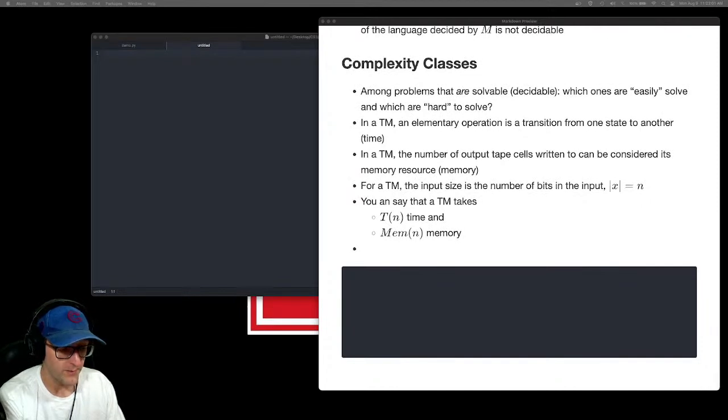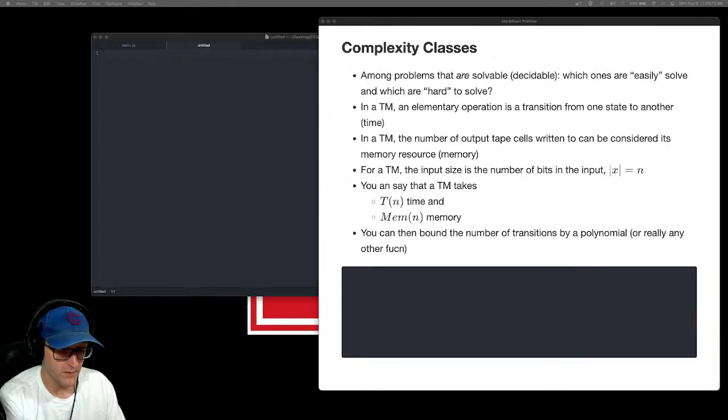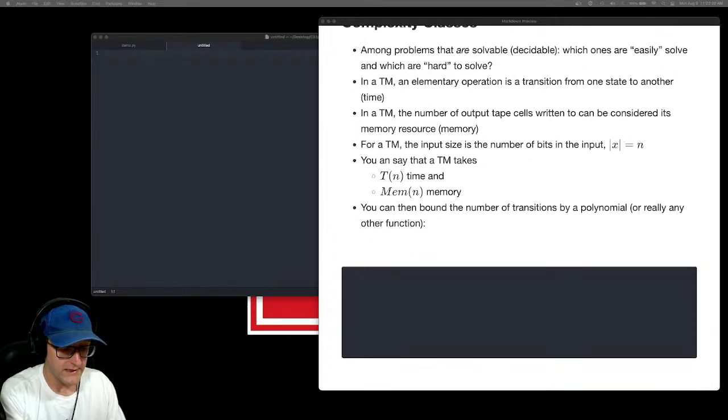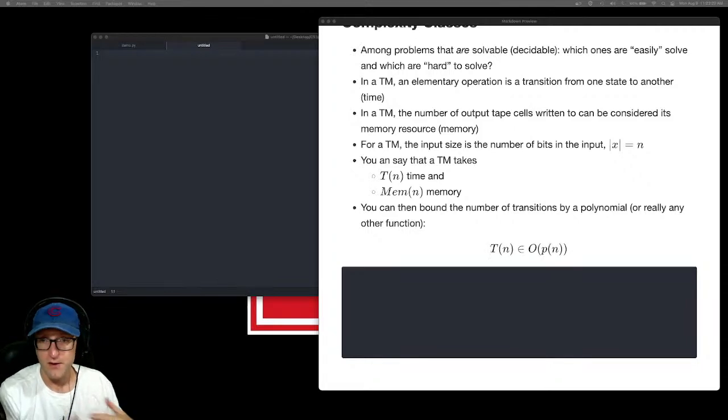You can then bound the number of transitions by a polynomial, or really any other function. So you could say that T sub n is in order of some polynomial, that it's order n to the k, or n squared, or something like that.